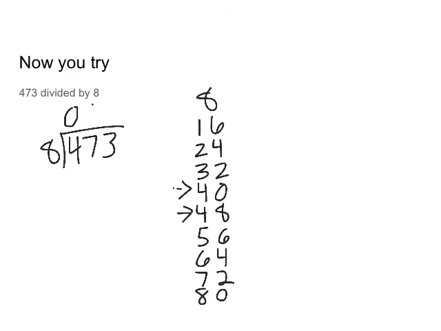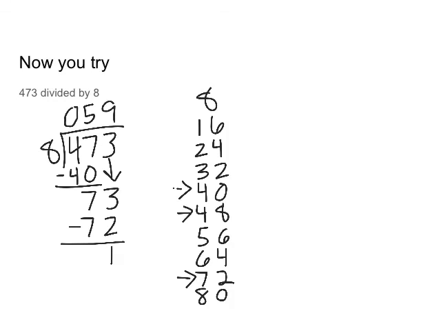So that's 5 times. Put my 40 down here. I subtract. I get a 7. I bring down 3. And now how many times does 8 go into 73? Ooh, that's a lot. 73 is way down here. Or 72 is. That's 9 times for 72. I subtract. I get a 1.